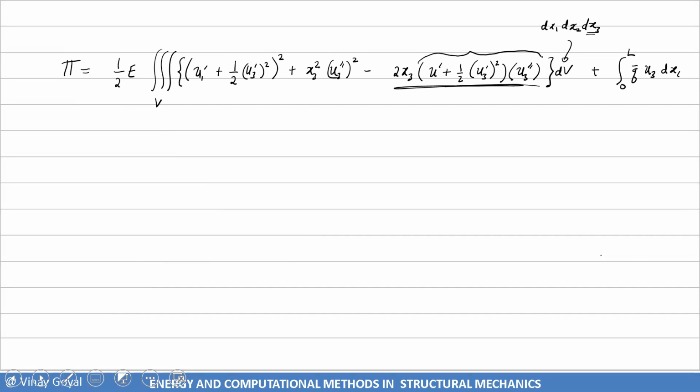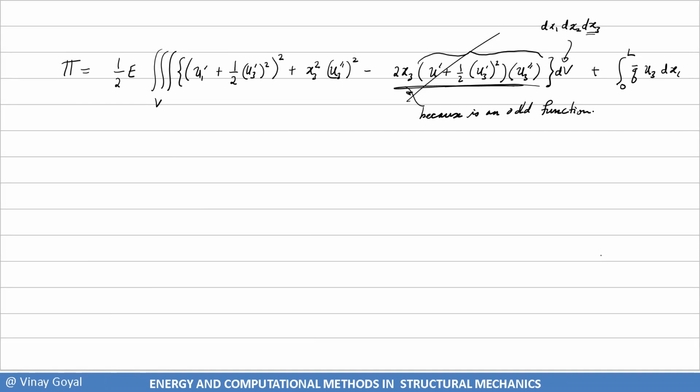And so the integral of x3, this is an odd function that will give you an even function, and so that will give you 0 when you do it. So that term does nothing to the total potential energy in this example. It could matter in another situation, because it's an odd function. And so I'm left with this.